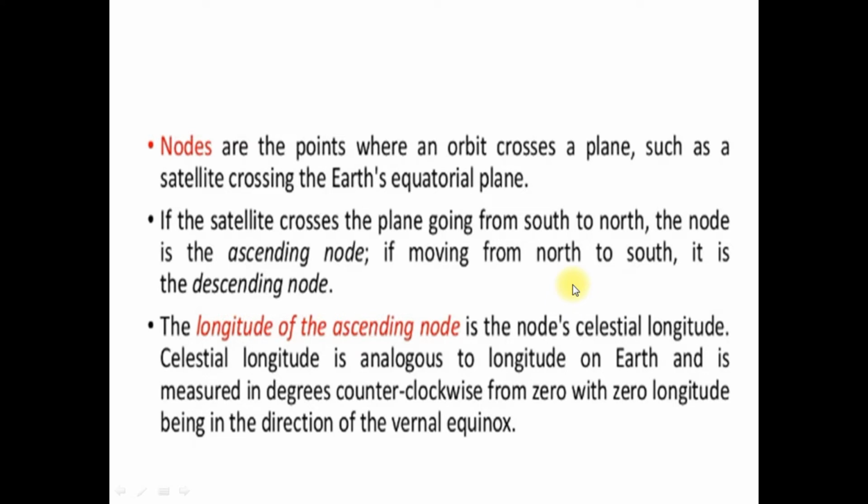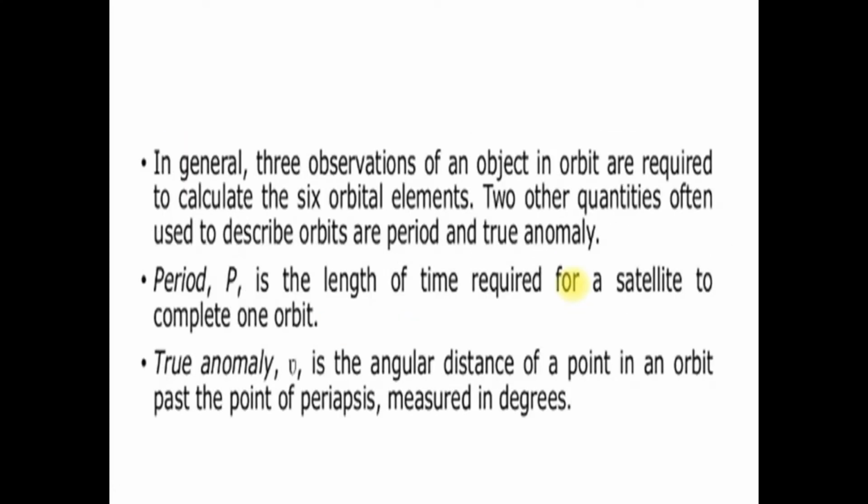Next, the final thing is longitude of ascending node. So the longitude of the ascending node is the node's celestial longitude. Celestial longitude is analogous to longitude on Earth and is measured in degrees counterclockwise from zero, with zero longitude being in the direction of the vernal equinox.